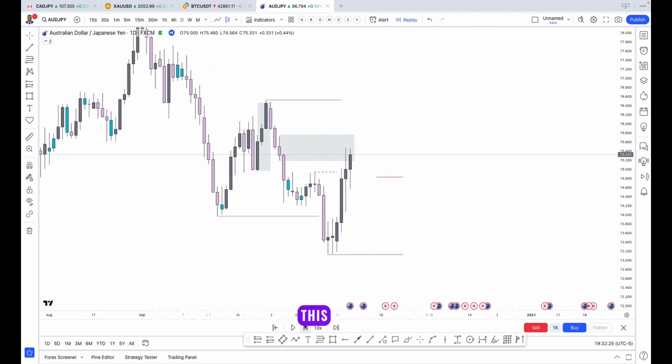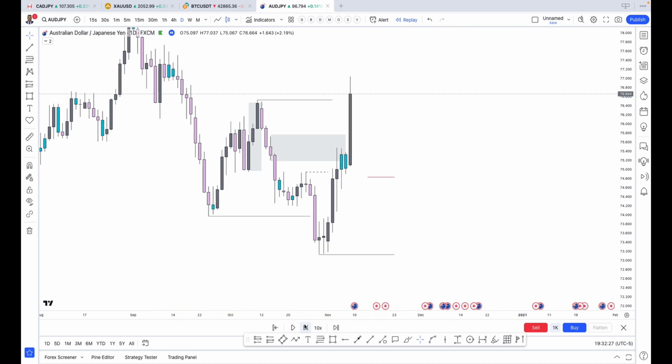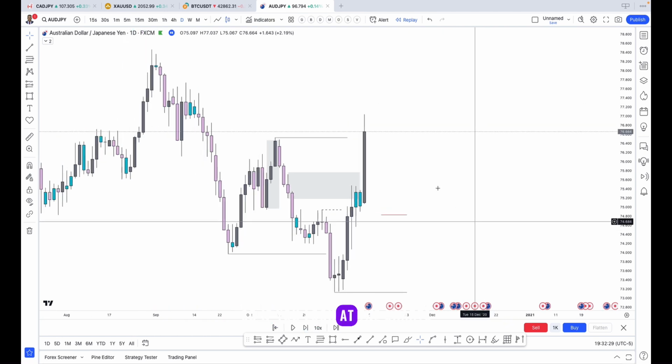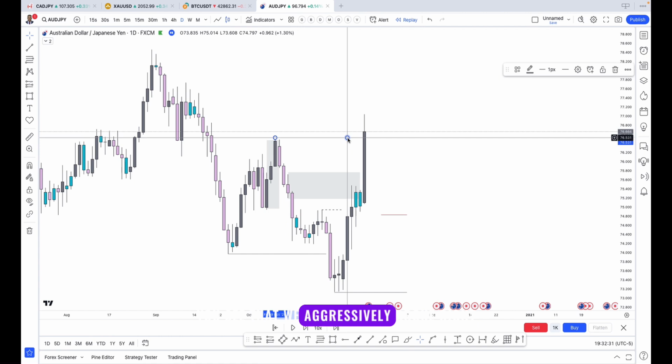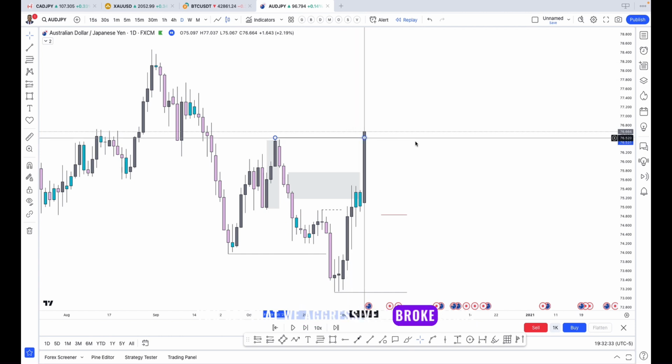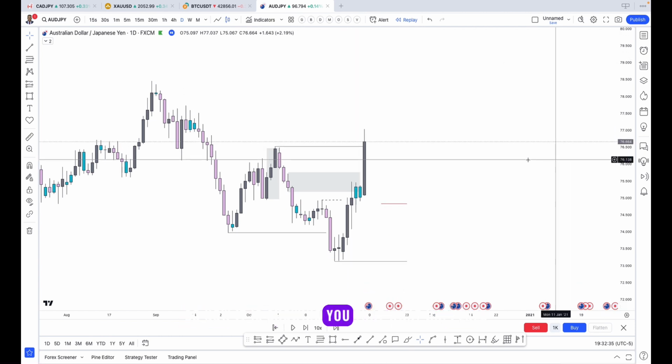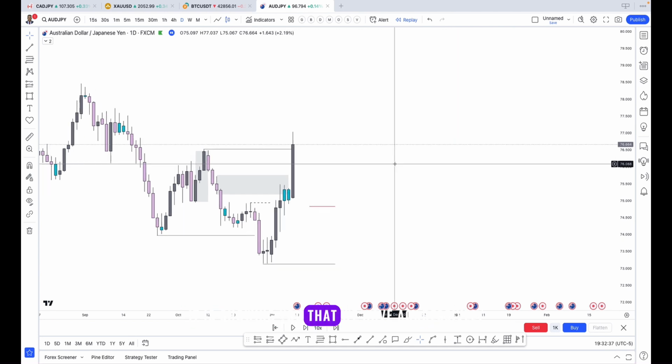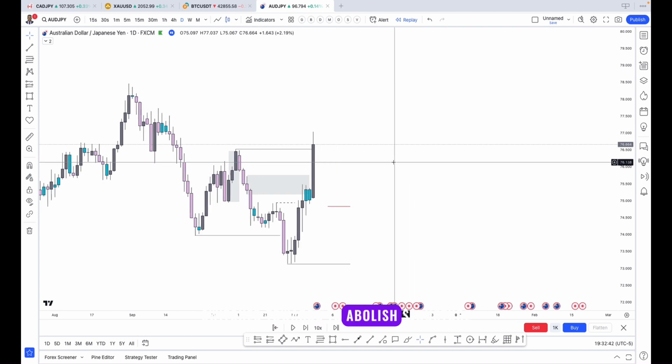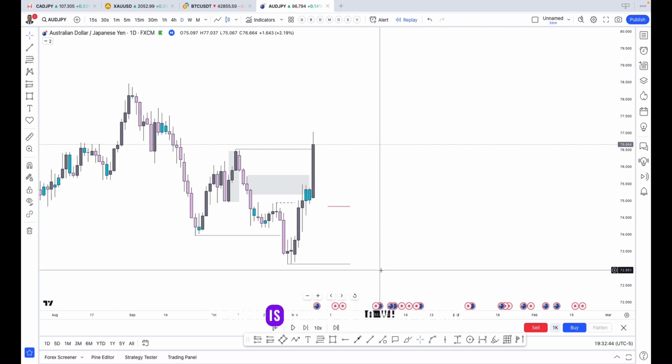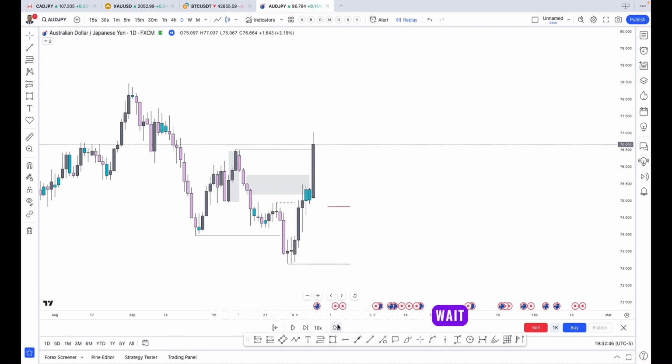So let's fast forward this market and see what it does. If you look at the chart, you see that we aggressively broke, right? So now it is showing you what happened. It is showing you that we have aggressively switched to a bullish structure. So there is no need to wait.